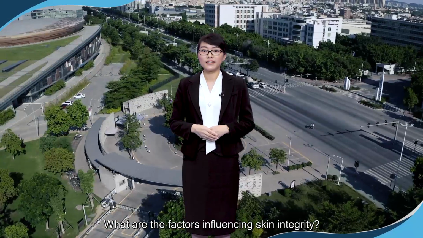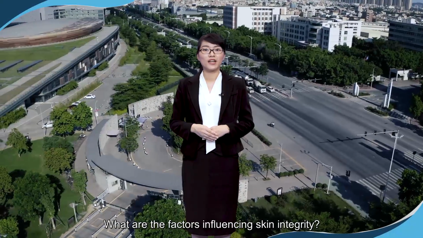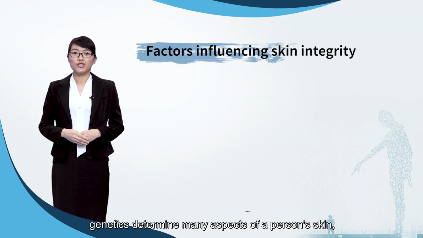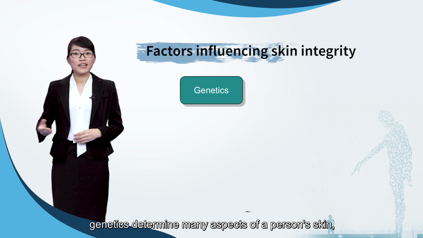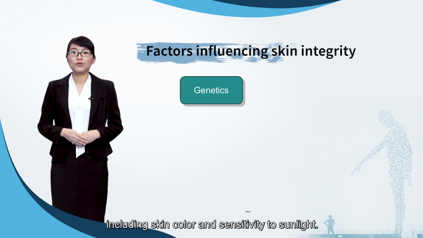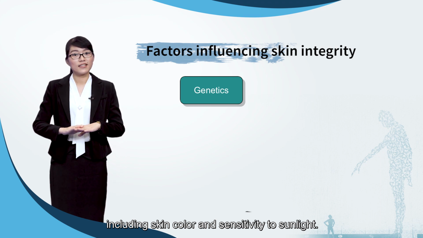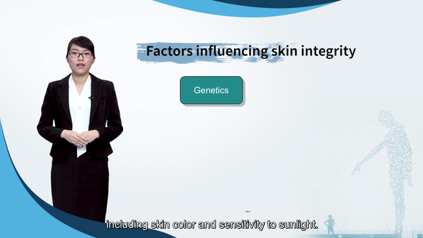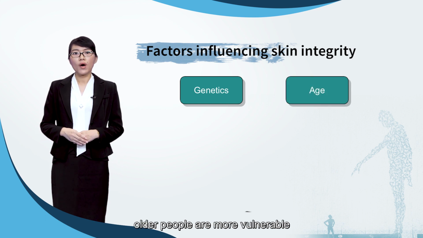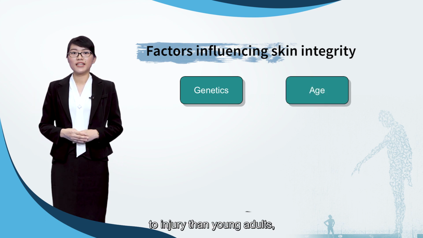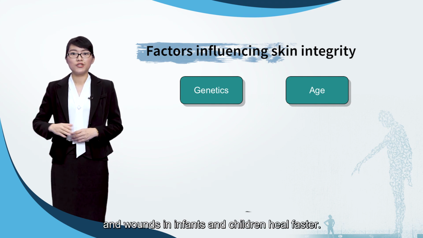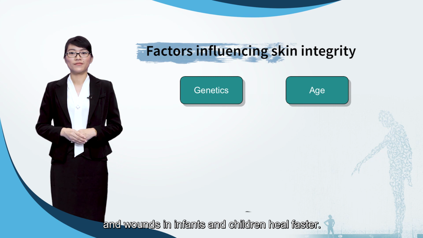What are the factors influencing skin integrity? Let's take a look at the first one, genetics. Genetics determine many aspects of a person's skin, including skin color and sensitivity to sunlight. Then we have the age factor. Older people are more vulnerable to injury than young adults, and wounds in infants and children heal faster.